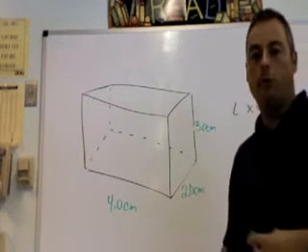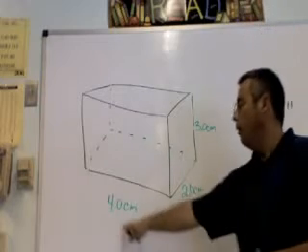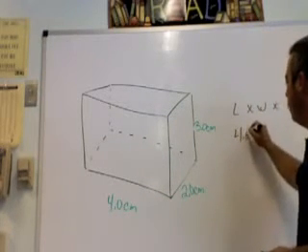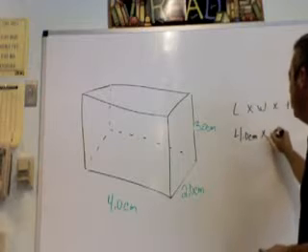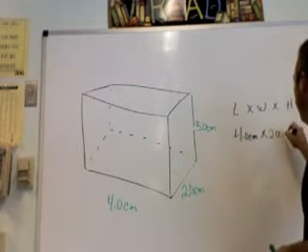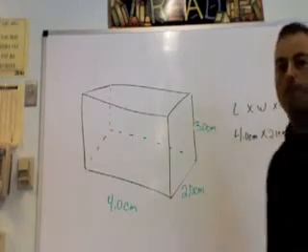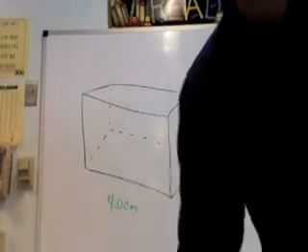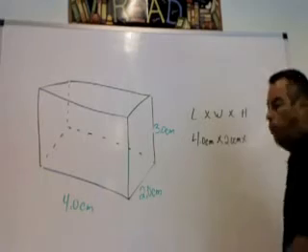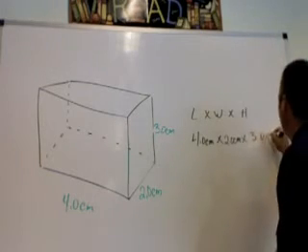Okay? L times W times H. We said that the length was down here, so just plug it into our calculation. 4.0 centimeters times the width, which is right here, 2.0 centimeters times height, which is here. And our height is 3.0 centimeters.